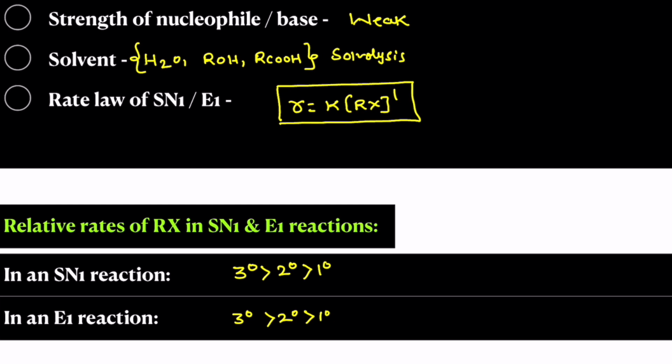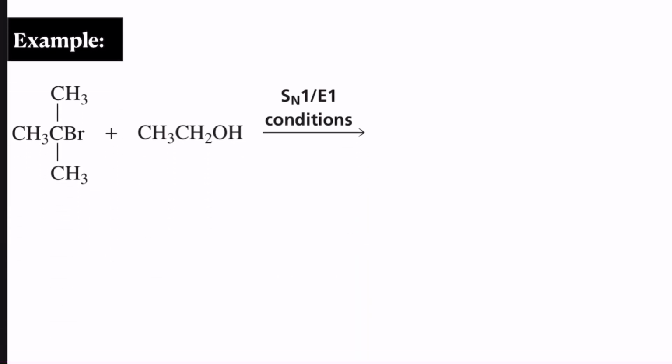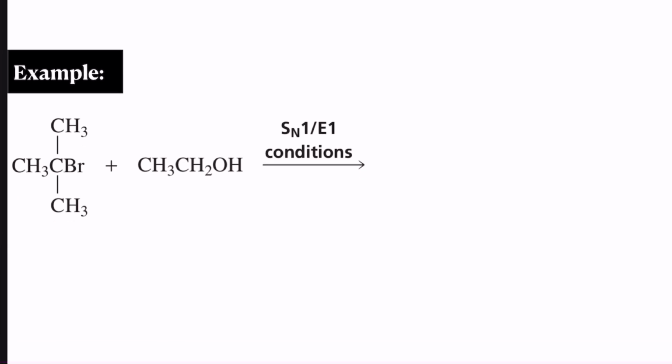Based on the theory you learnt in those mechanisms, we are just using those factors, or those favorable conditions, to solve different questions. In the example, a tertiary alkyl halide is given, with SN1 E1 conditions, a solvolysis reaction. SN1 reaction, tertiary is more reactive; E1 reaction, tertiary is more reactive.